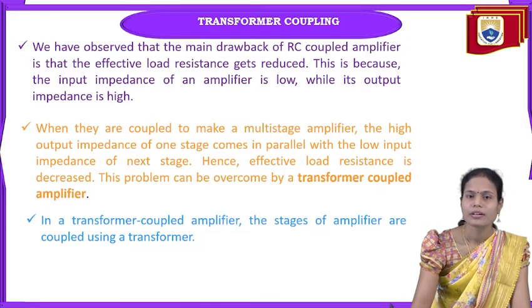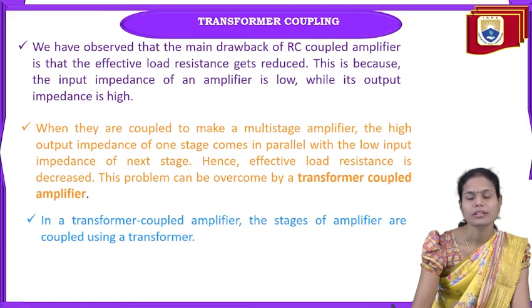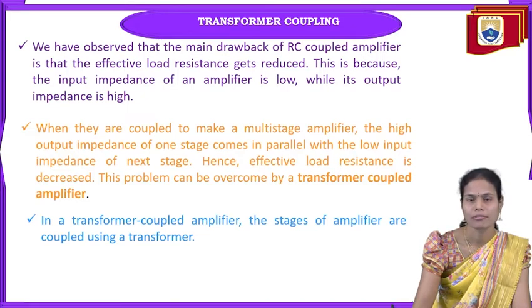Generally, in the case of multi-stage amplifiers, we have different couplings. We can do direct coupling, or resistor capacitor coupling, or else transformer coupling. In the last session, we discussed the RC coupled amplifier, its analysis, and also its frequency response between different frequency ranges of signals, and we discussed the cutoff frequencies of the RC coupled amplifier.